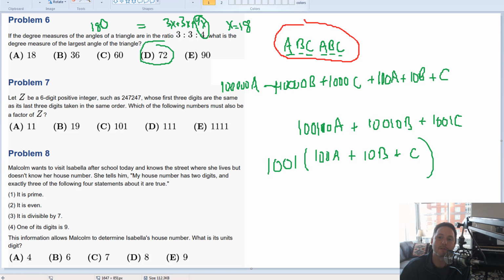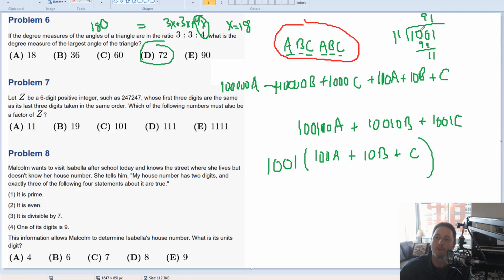Okay, well, does that help us? Well, it does, because we can now factor 1001. We know 11 goes into the whole thing, but let's just double check that 11 goes into 1001. 1001 divided by 11. There are 9 11s in 100.